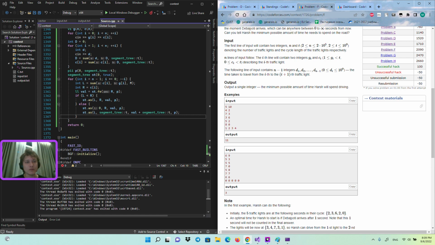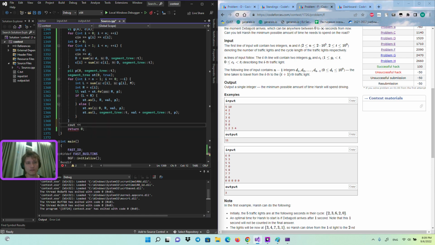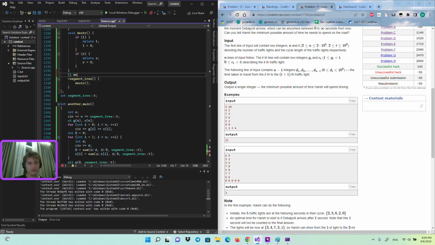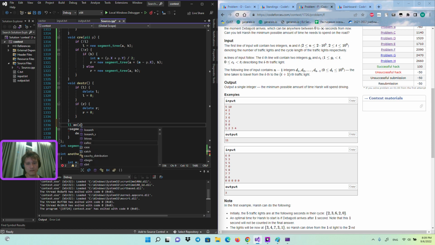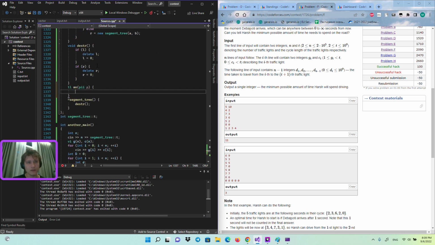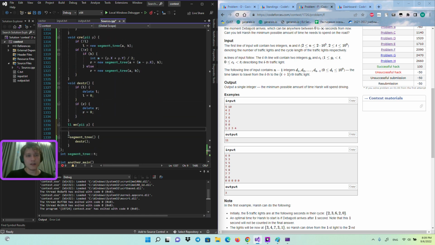In the end, we have to find the minimum. So let's just output the minimum. This should be easy. So first of all, if L, no, I don't need a minimum.